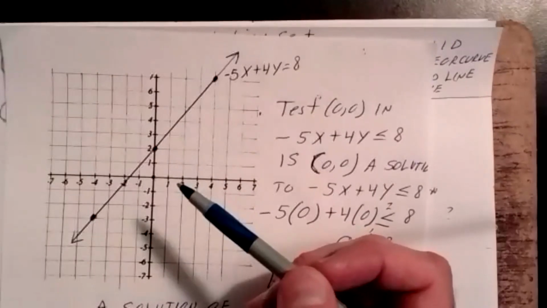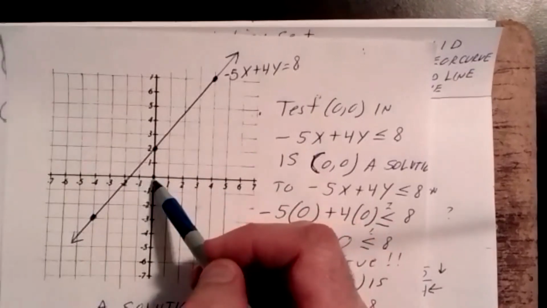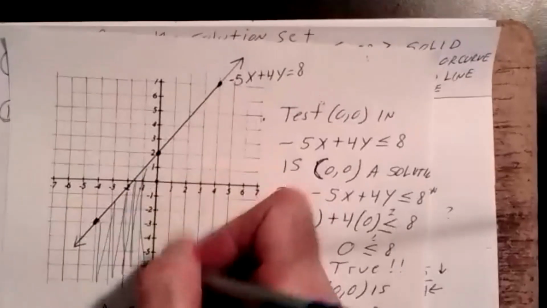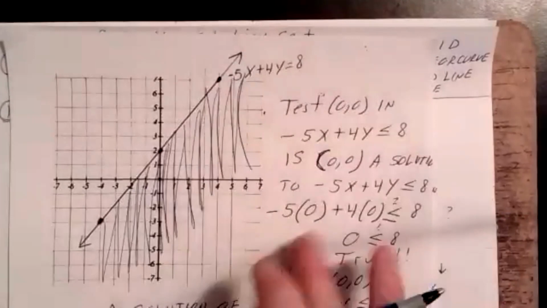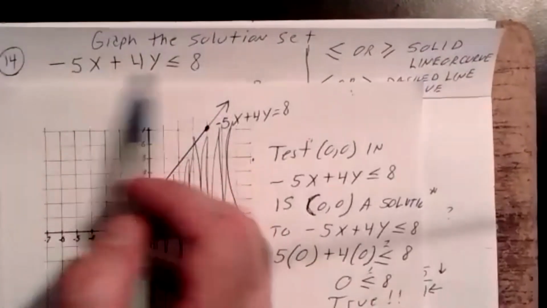What plane contains 0, 0, my test point that I chose? Below and to the right. 0, 0 is in the plane below and to the right of this line. So we're going to shade this plane here, below and to the right. And ladies and gentlemen, you're looking at the graph of the solution set to this inequality in x and y.